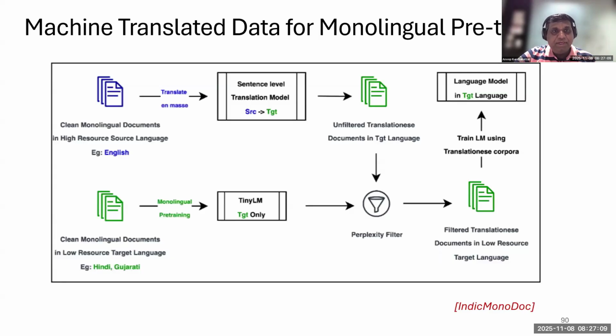What you would typically do is take these documents, translate them into the target language, but then in order to account for the quality of translations, you can filter out the translated documents using a small language model trained for the target language and only retain the high quality documents and then train the language model.